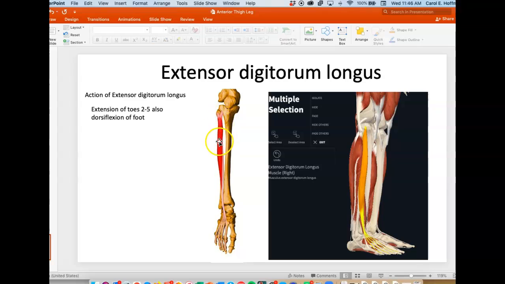And here you can see it, and with its tendons coming over to the toes. It comes to toe 2 through 5. It does not come to the big toe. And the action of the extensor digitorum is just that extension of the toes. And also dorsiflex.